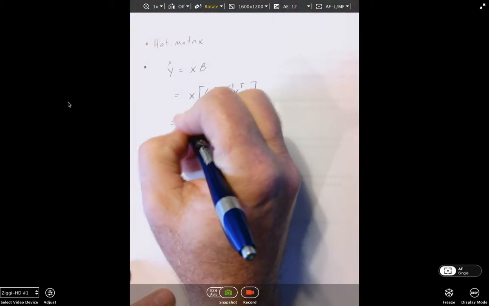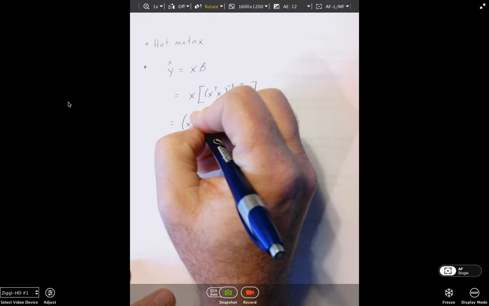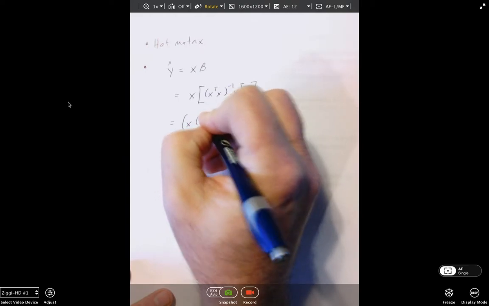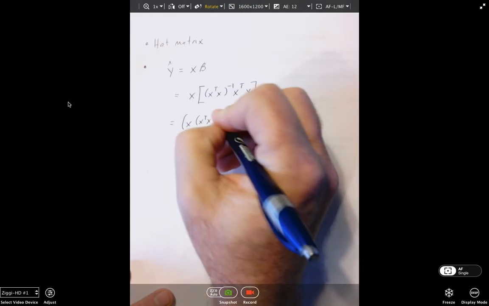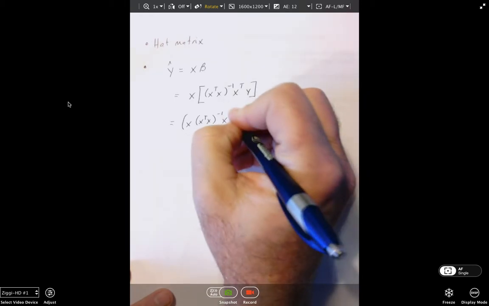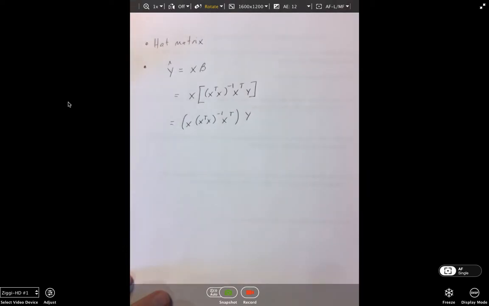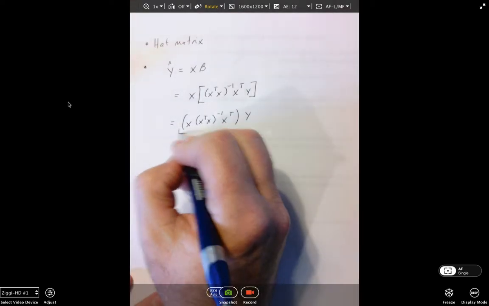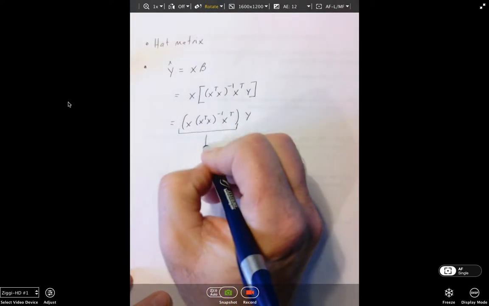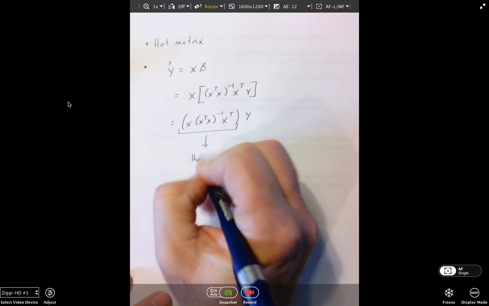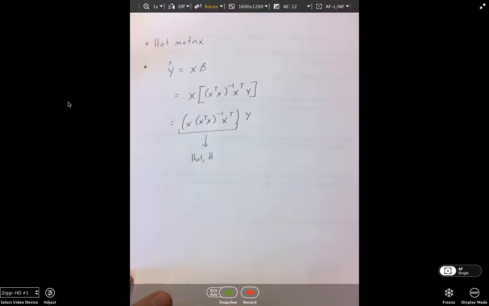And guys, then by just regrouping, we can see that we get this new matrix, which we call our hat matrix, which at the end of the day does what?